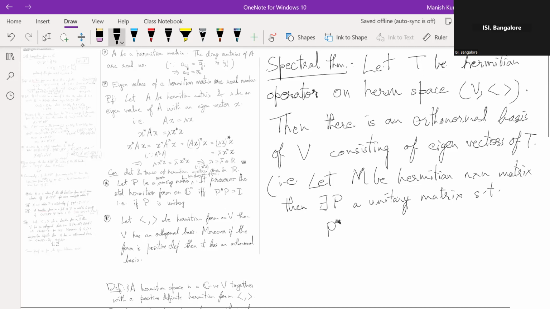Since it's unitary, P star and P inverse are the same, so P star MP. You use this new basis, and P star MP is diagonal. With respect to this new basis, the columns of P are basically the orthonormal basis of eigenvectors of T.